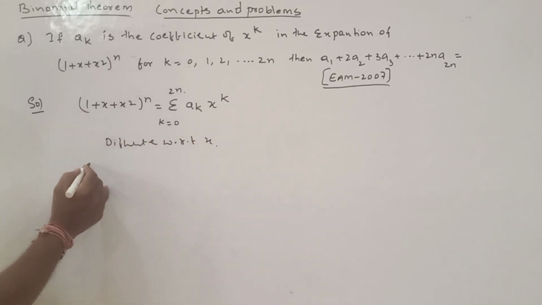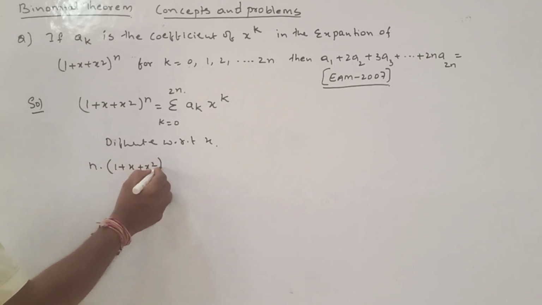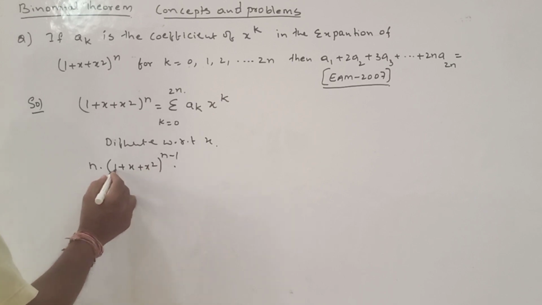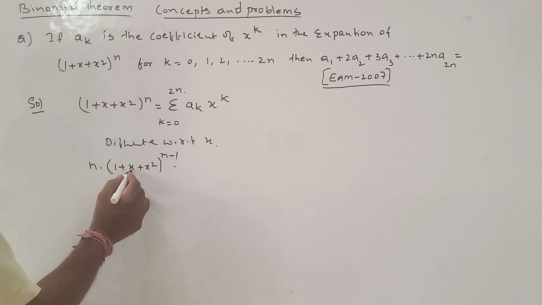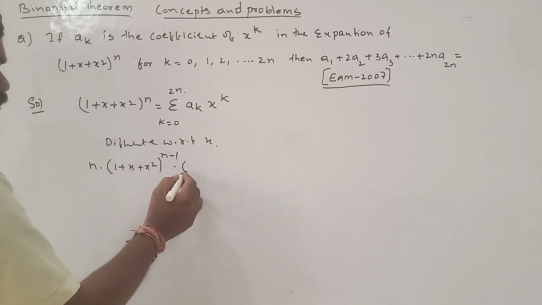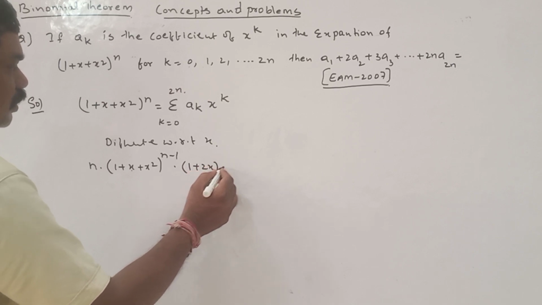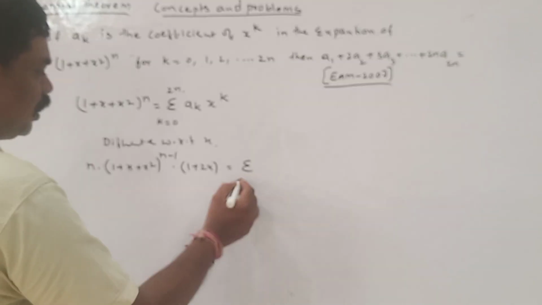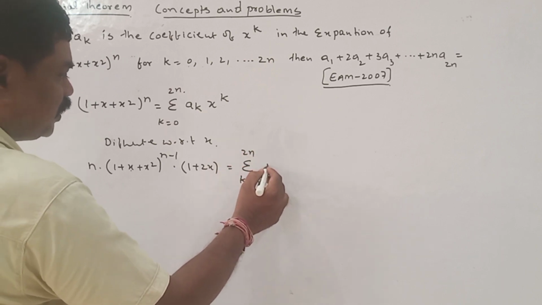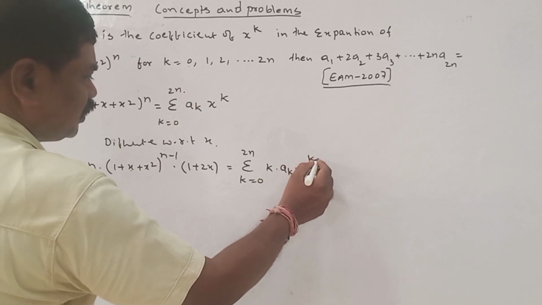Then we get n into (1 plus x square) whole power n minus 1 into the derivative: derivative of 1 is 0, derivative of x square is 2x, so 2 into 1 plus x. This equals sigma, k is equal to 0 to 2n, of k into ak x power k minus 1.